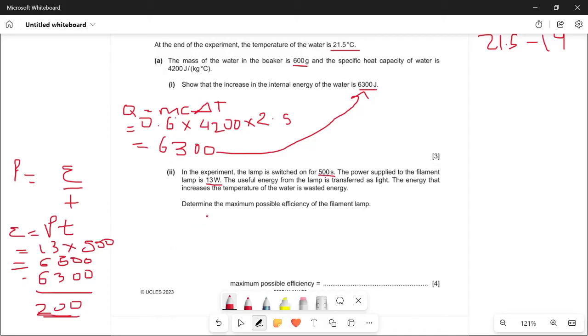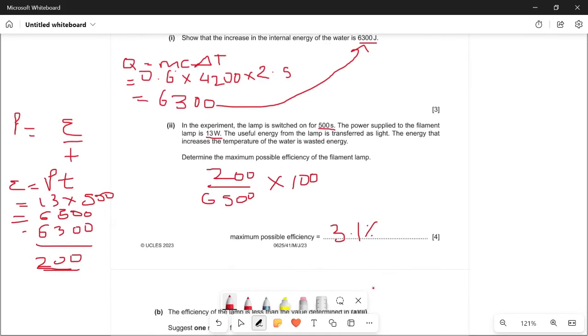So efficiency is the useful energy, 200, over the total energy, which is 6,500, then times 100. Now this would give us 3.1%. So the maximum possible efficiency is 3.1%. So the lamp is not very efficient.